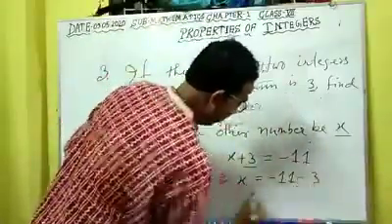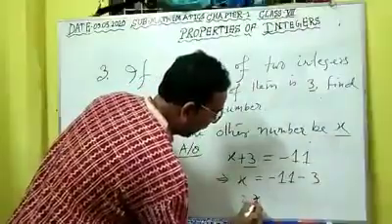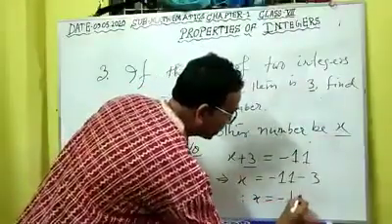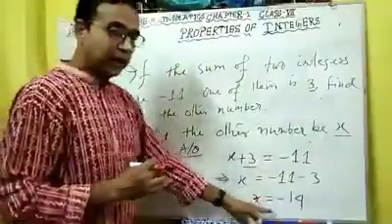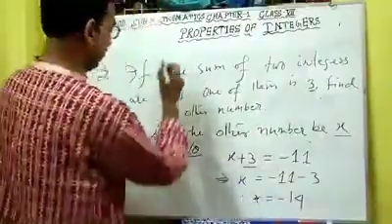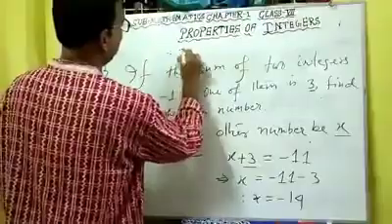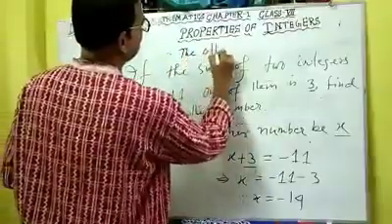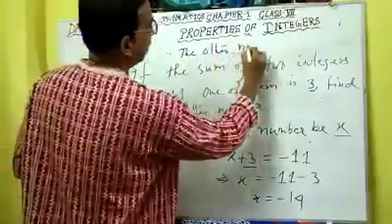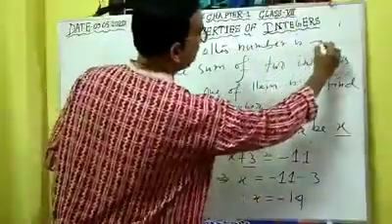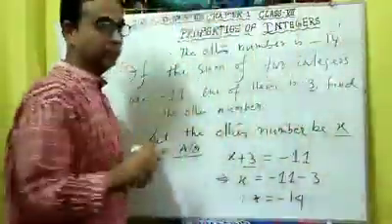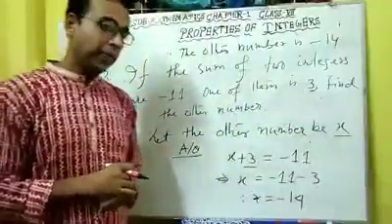Minus 11 minus 3, so x is equal to minus 14. So the other number is minus 14. Okay.